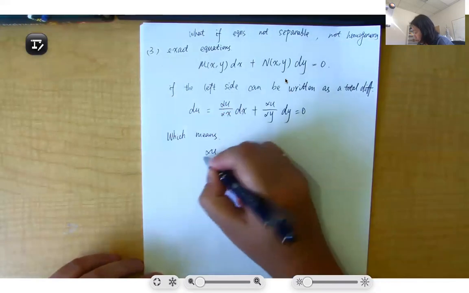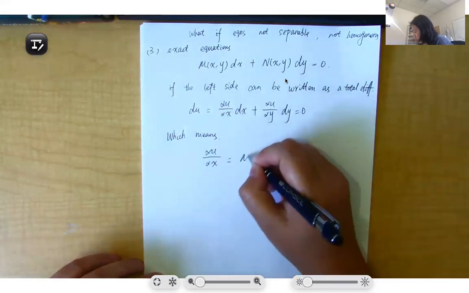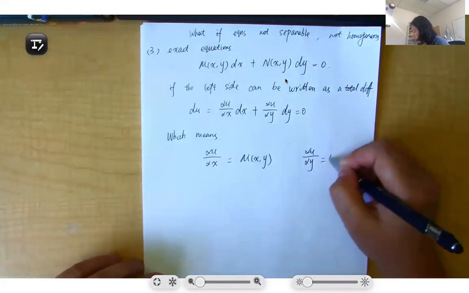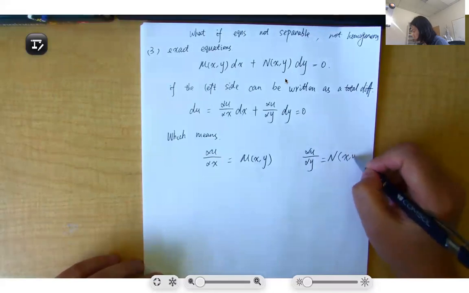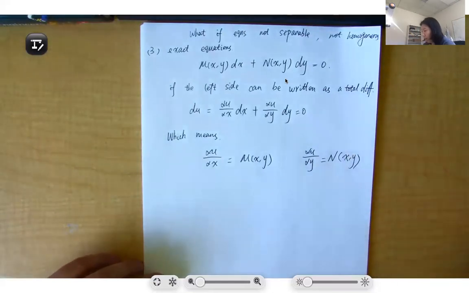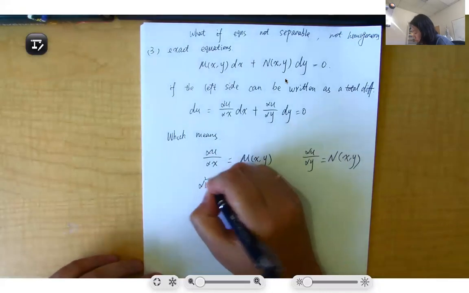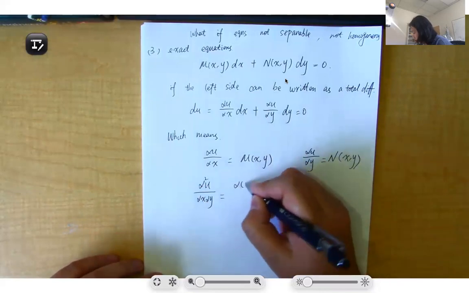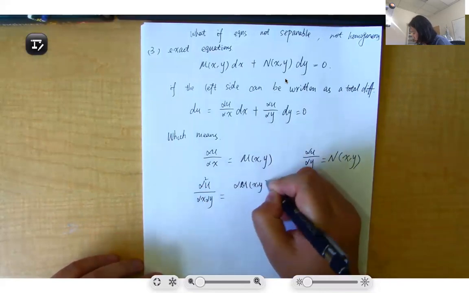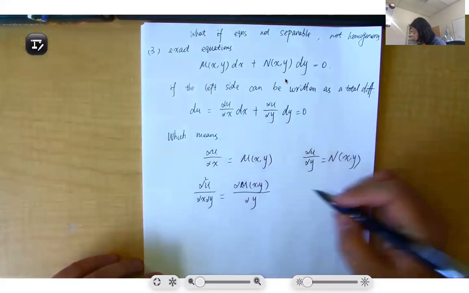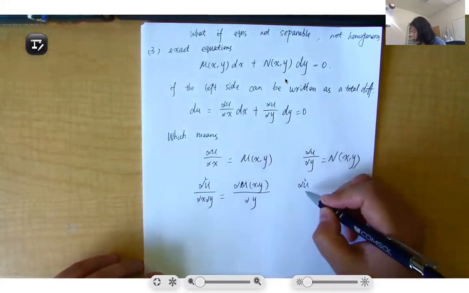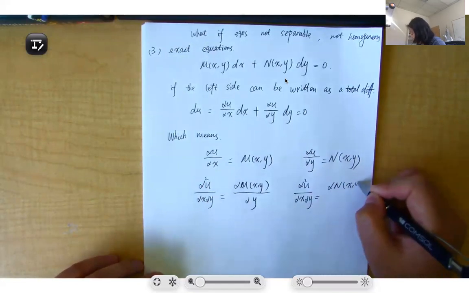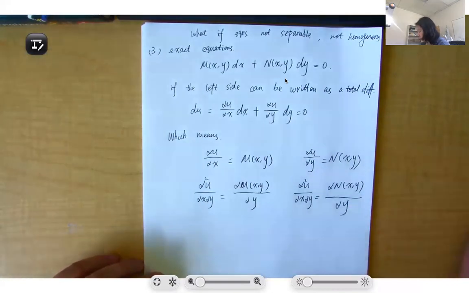∂u/∂x has to be equal to M(x,y), and ∂u/∂y has to be equal to N(x,y). And that means ∂²u/∂x∂y will be equal to ∂M/∂y, and ∂²u/∂x∂y equals ∂N/∂x.